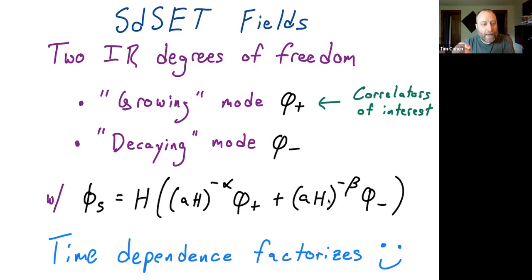And when you need to use those mode functions, you glue them together into loop calculations and you integrate over both the momenta and the time in the loop. And it becomes very confusing to try to identify what's the UV limit and what's the IR limit, because you've broken Lorentz invariance, time and space are on different footing. And so you really would like to be able to factorize this, so you just have time dependence times momentum dependence. And that's really what the soft de Sitter effective theory allows you to do.